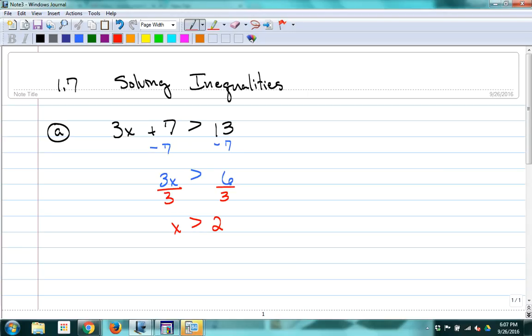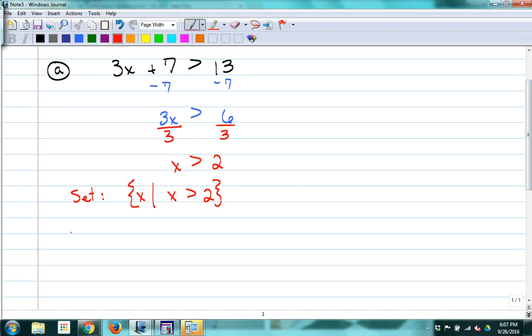Now, that's the answer in set notation, which is exactly the inequality that you get. So that's set notation. Interval notation, that's the ones with the brackets and the parentheses and stuff.